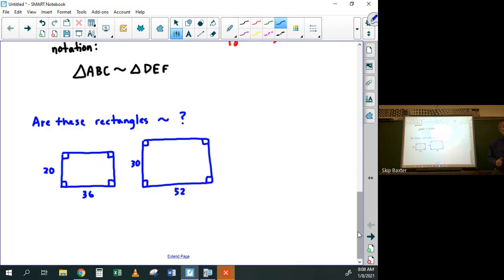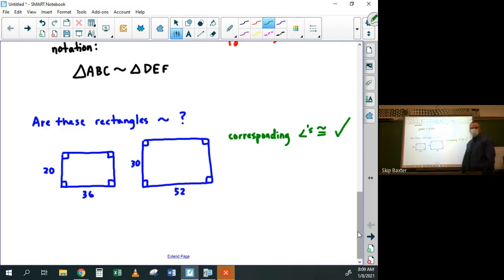So there's two things you have to check when you're checking for similarity. The first thing you want to check for is, are the corresponding angles congruent? They definitely are, right? In this case, they're all right angles. So yeah, they all match up. So the corresponding angles are congruent, you'd say, yep, definitely true.